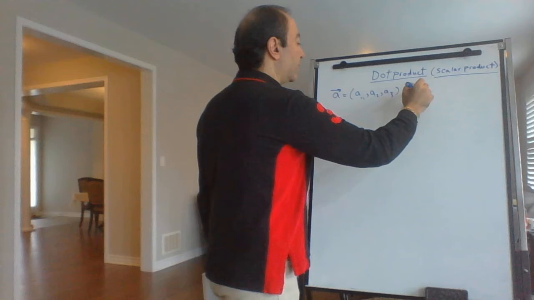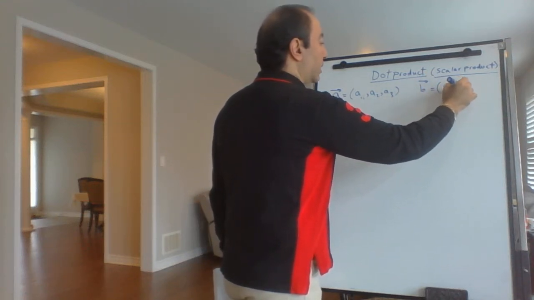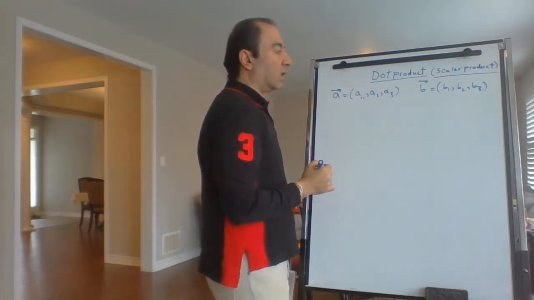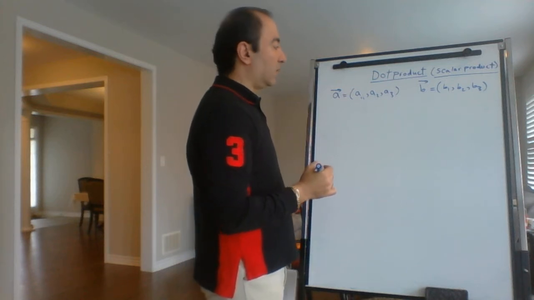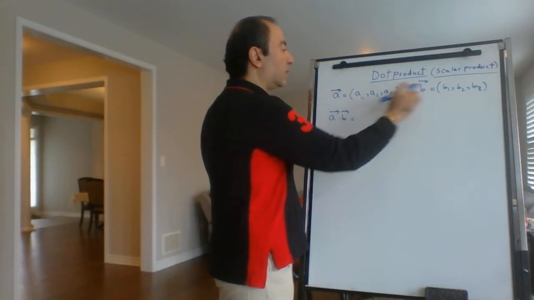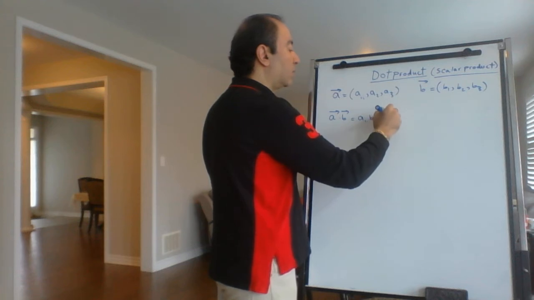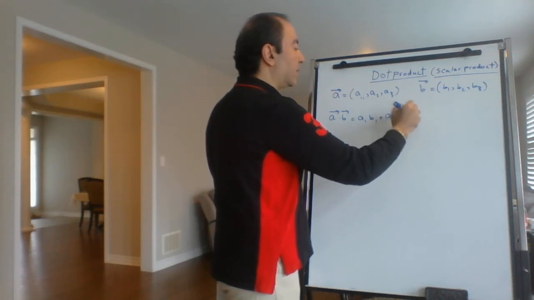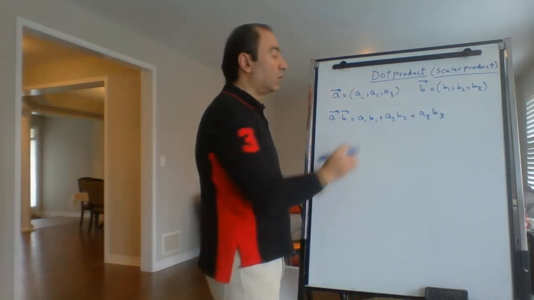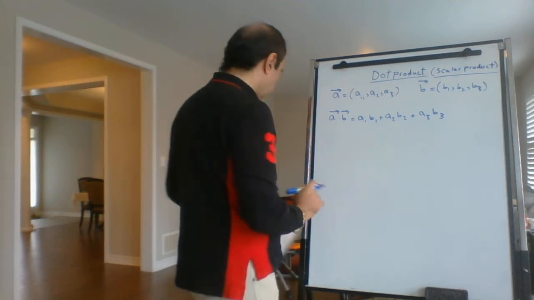Let's say we have vector A and vector B, and the components of A are A1, A2, A3, and the components of B are B1, B2, B3. If I want to find A dot B, I will multiply the X components, so A1 times B1, then add the Y components multiplied together, then add the Z components multiplied together. That's if we are given the vectors algebraically.